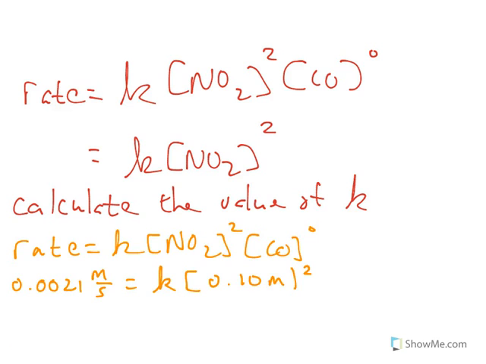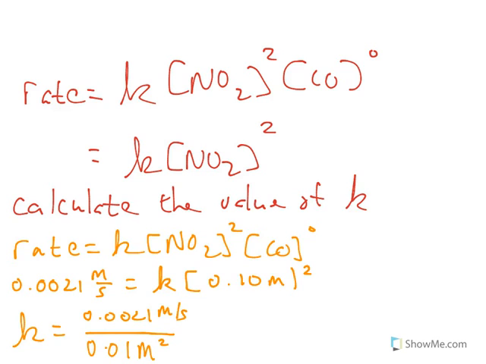Okay? So K now is equal to 0.0021 molar per second divided by 0.01 molar squared. Okay, I went ahead and squared 0.1, and it gives me 0.01.